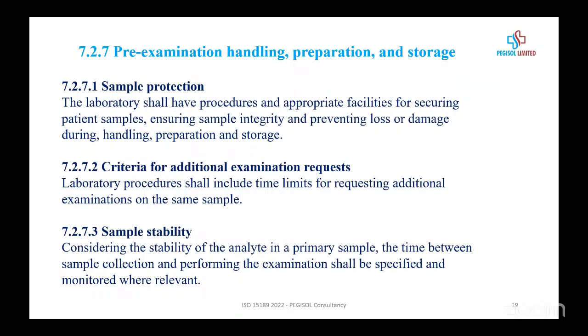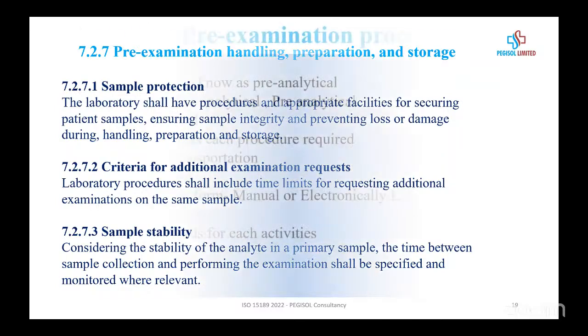Criteria for additional examination requests: the doctor, the clinician, or the patient wants to add a test to a sample that is already in the lab. You should have a procedure to address that. Sample stability: concerning stability of the analyte in the primary sample, the time between sample collection and performing of the examination shall be specified and monitored where relevant.